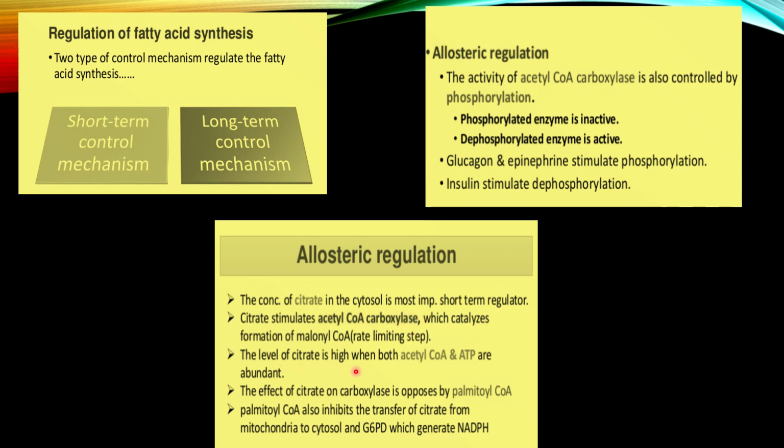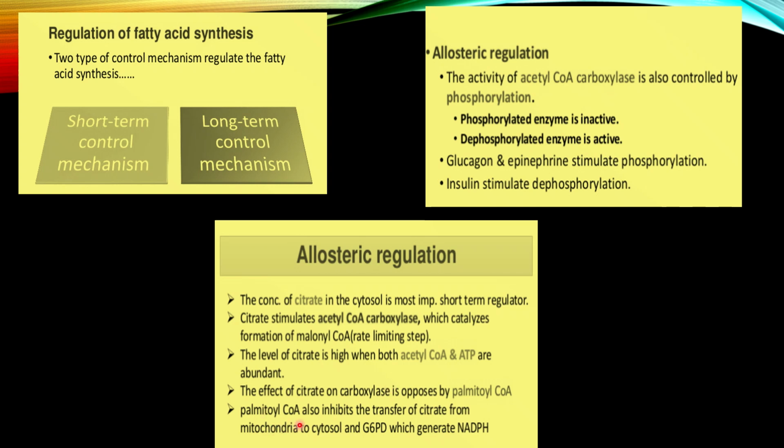Then the level of citrate is high when both acetyl coenzyme A and ATP are abundant. The effect of citrate on carboxylase is opposed by palmityl coenzyme A. So palmityl coenzyme A through feedback regulation will oppose the action of citrate on carboxylase.